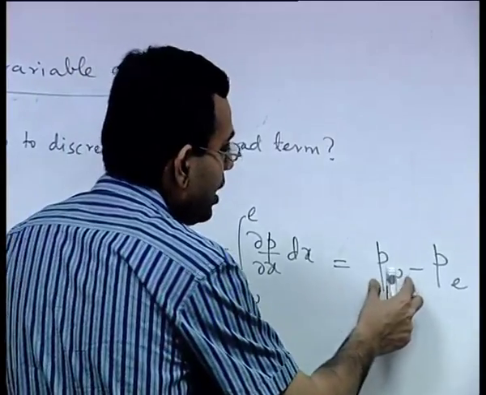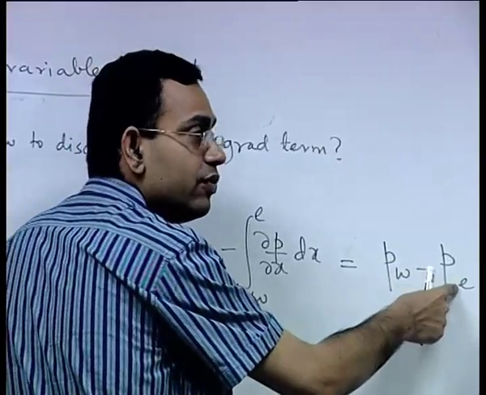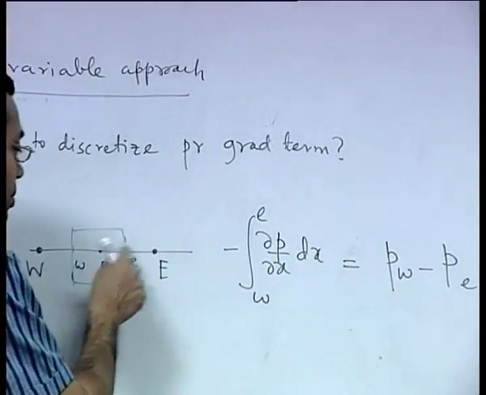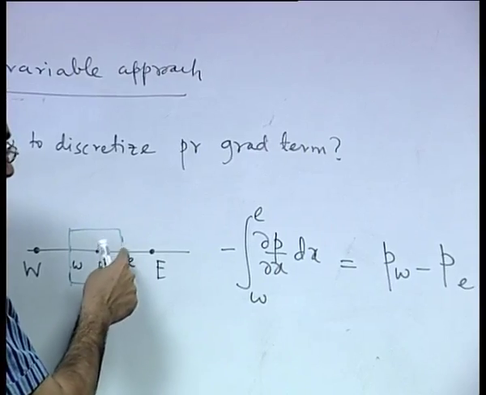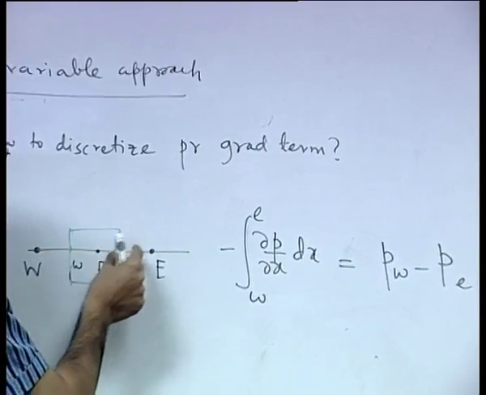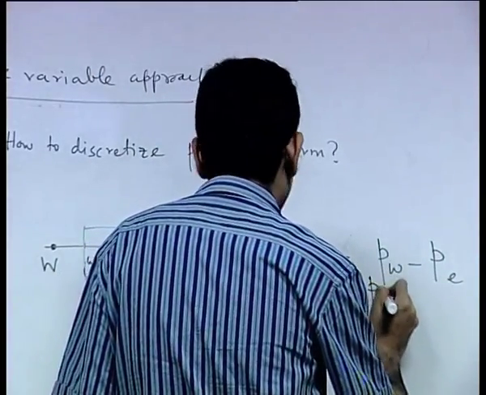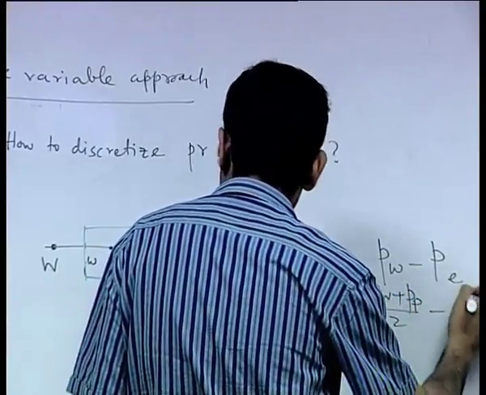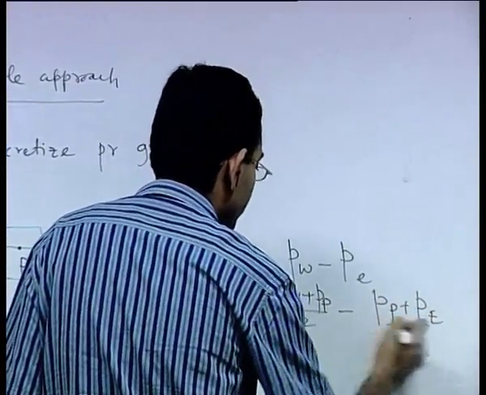Now, when you have Pw minus Pe, at small w and small e, usually we define the variables at the main grid points. So, you need to interpolate the value of the variables at these points. If all the points are equidistant, then this is nothing but (P capital W plus P capital P)/2 minus (P capital P plus P capital E)/2.